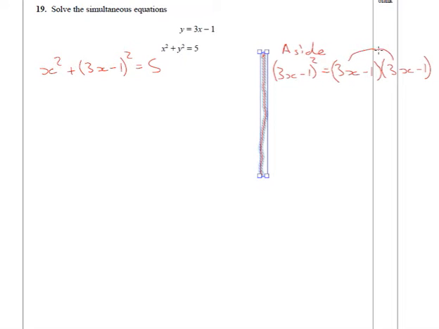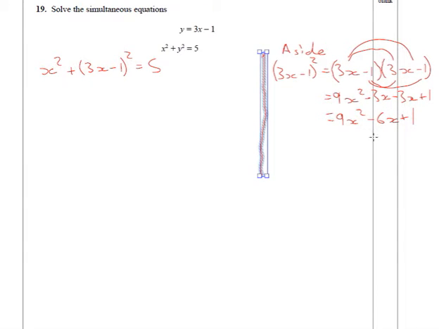And then you have to do this times now to get your answer. 3x times 3x, 9x squared. 3x times minus 1 is minus 3x. Minus 1 times 3x, minus 3x. Then minus 1 times minus 1 is plus 1. So this gives you 9x squared minus 6x, connecting together these two bits, plus 1.